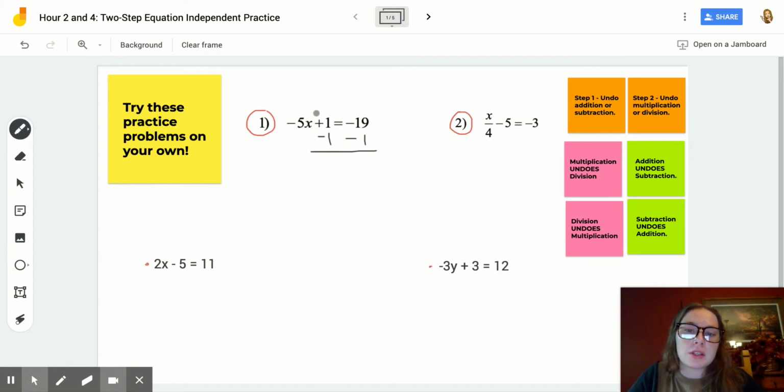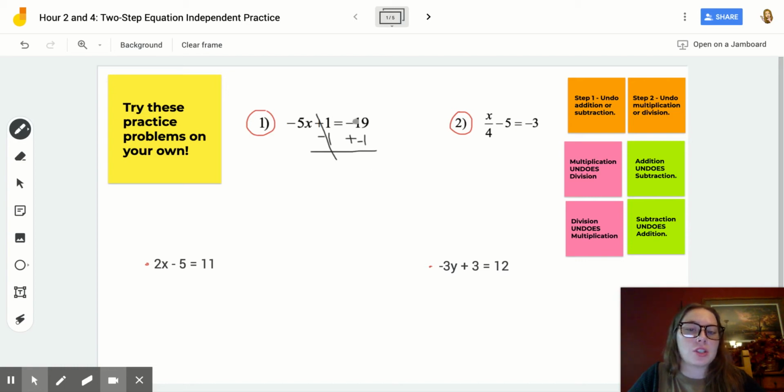So 1 minus 1 is 0, so that just cancels out. And negative 19 minus 1. This is where those integer rules come in that we practiced last week. We have a negative number and we're subtracting a positive number. Whenever we have a negative and a subtraction combined, remember that we keep the first sign of the first number, we change the operation, and we change the sign.